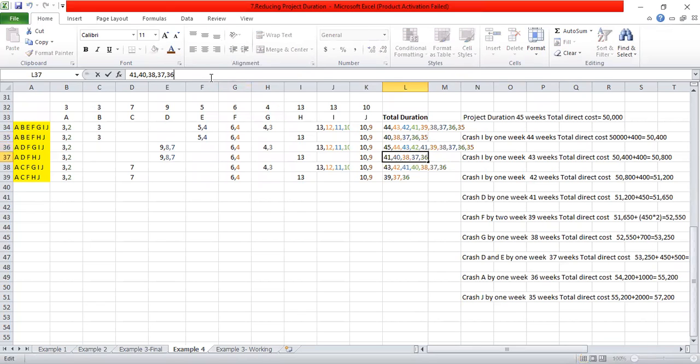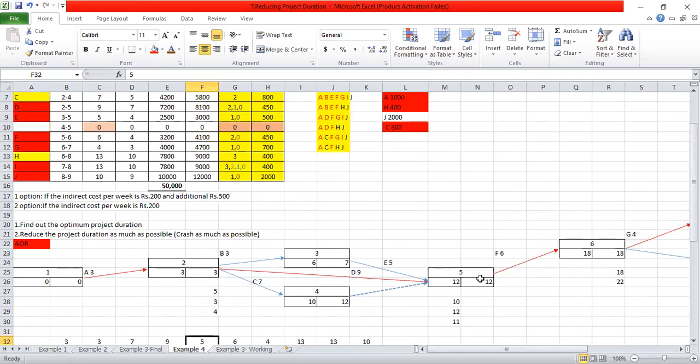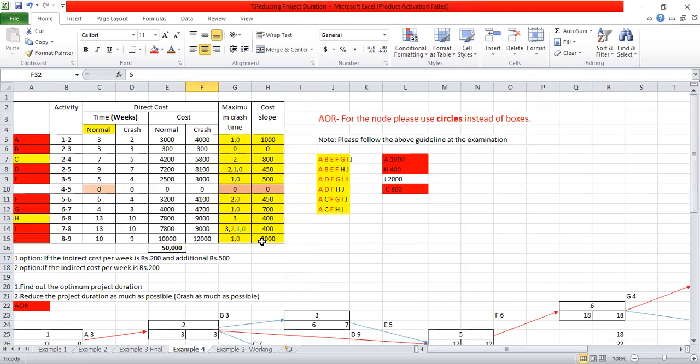All these activity durations need to be now 35, right? So the total duration is how much? Crash J by 1 week, 35 weeks, and to the total direct cost you have to add 2000.